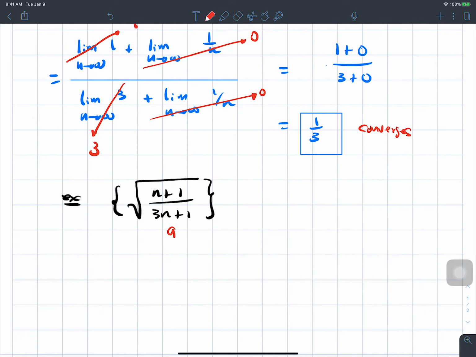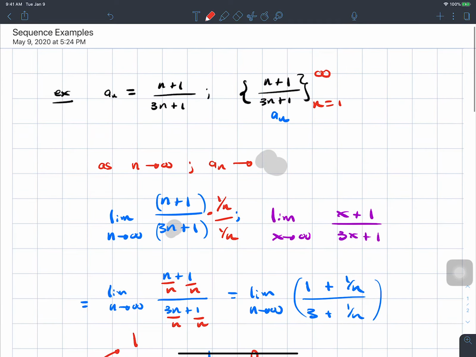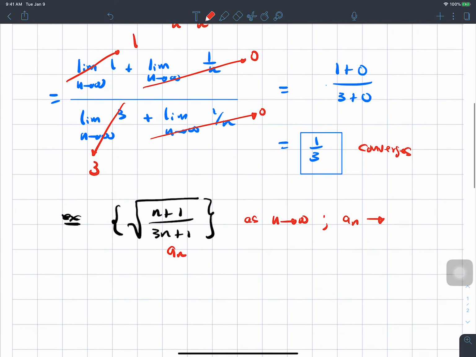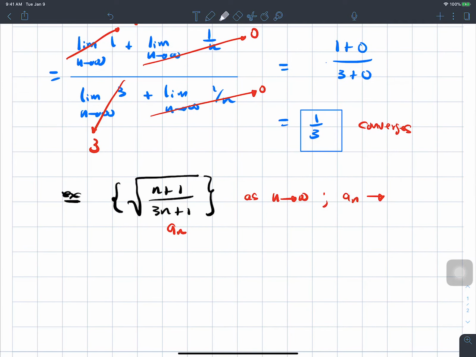Remember, this is your a_n. So they want to know, as n gets big, where does a_n go to? In the last example, a_n goes to 1/3. We have convergence, finite. So in this example, we want to see as well, where does this go to?